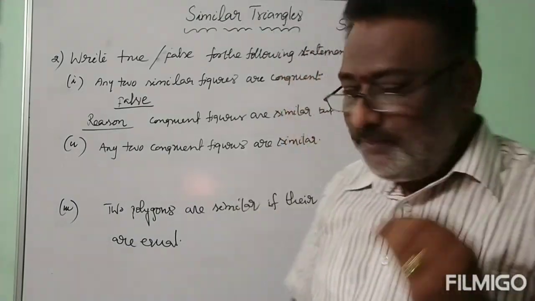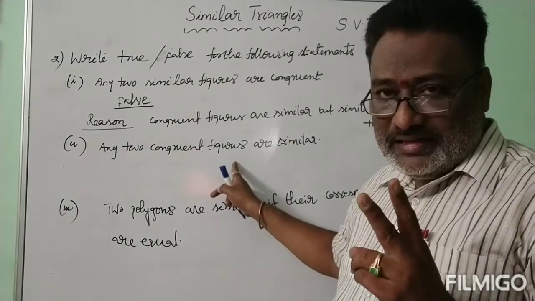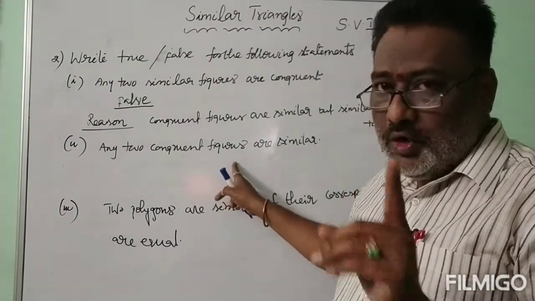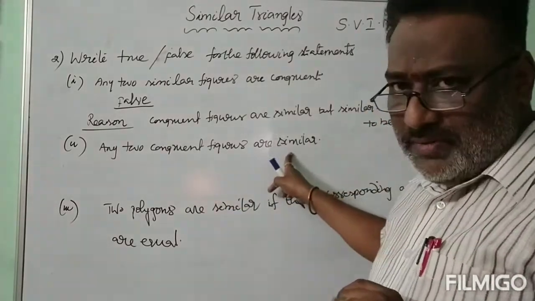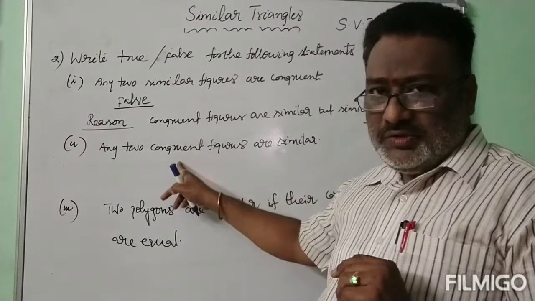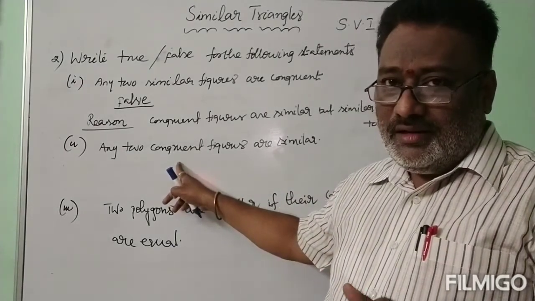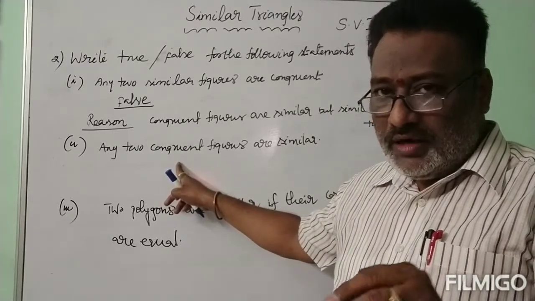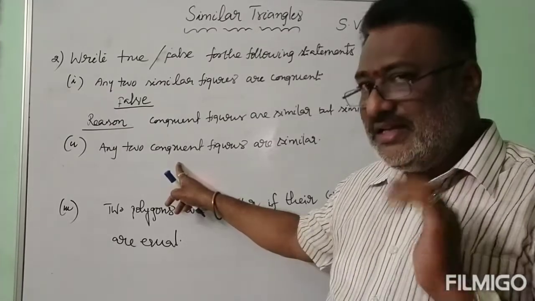Let me explain one more time. Any two congruent figures means here we are having two figures. In these two figures corresponding angles are equal. This condition follows for similarity also. And in these two figures corresponding sides are also equal. But when in two figures corresponding sides are equal, automatically the corresponding sides are in proportion.